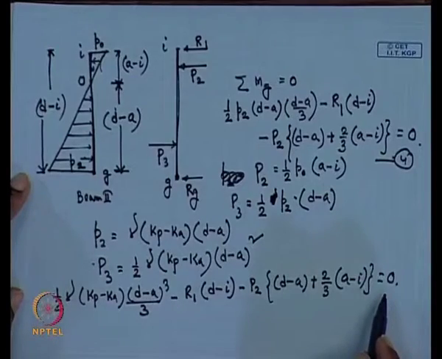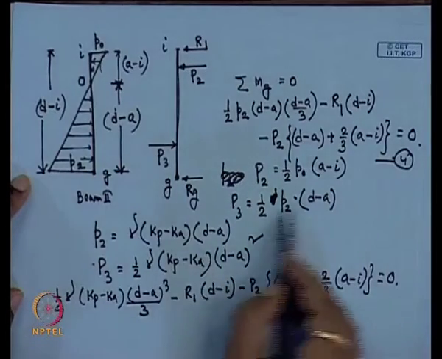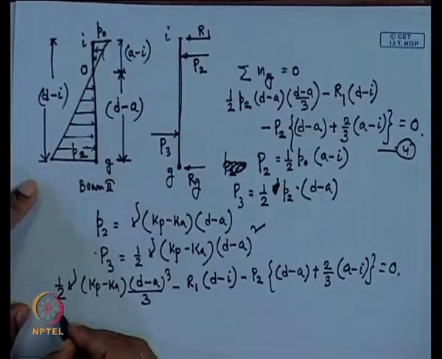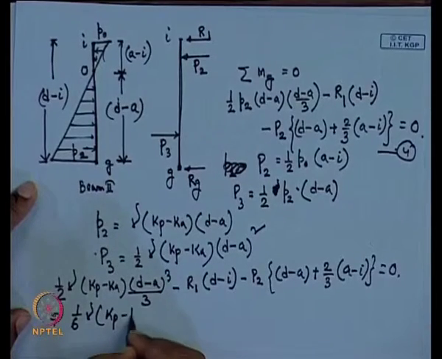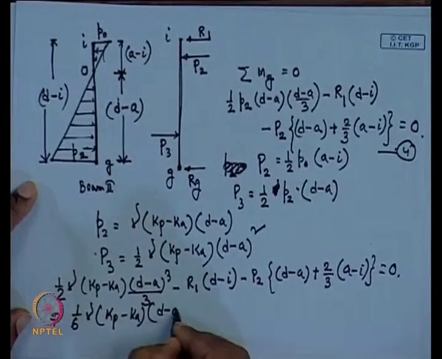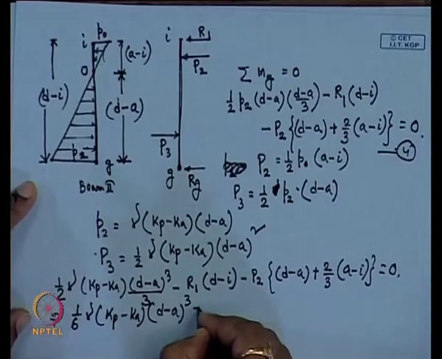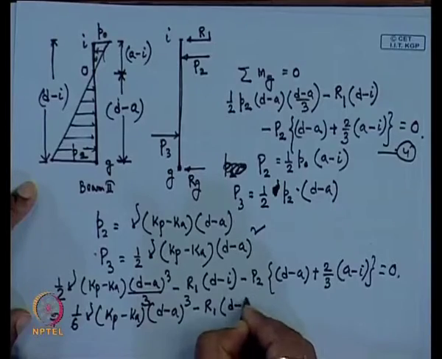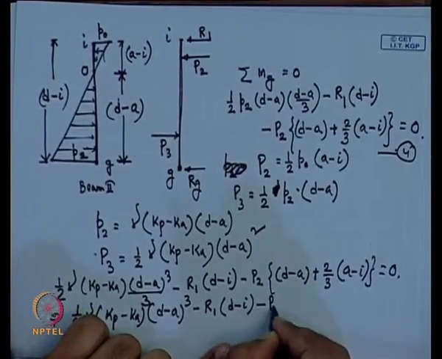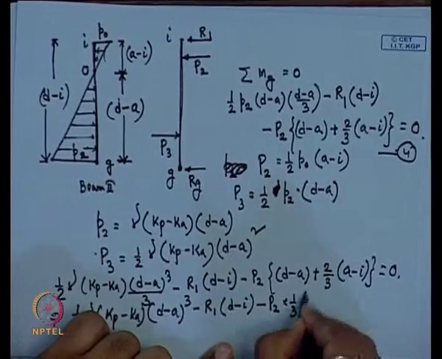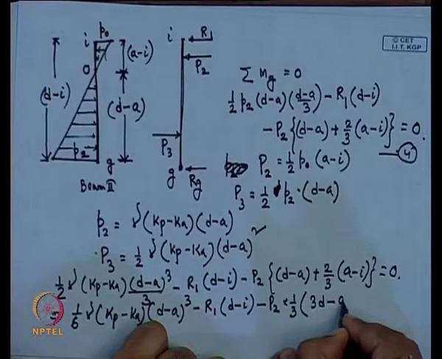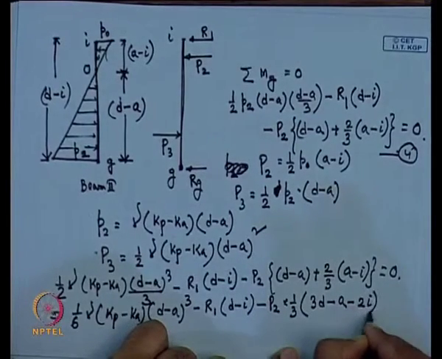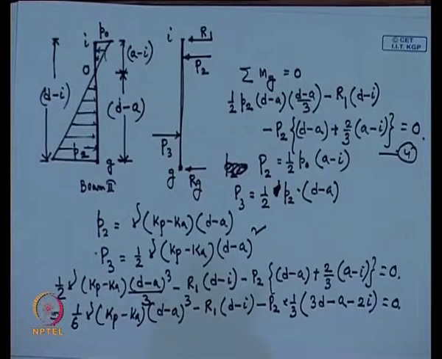So, this expression you will get by putting all these values in expression 4, and the final expression that we will get is 1 by 6 gamma K p minus K into D minus A to the power cube, minus R 1 into D minus I, minus P 2 into 1/3 into 3 D minus A minus 2 I, that is equal to 0. So, then we will get this final fifth expression.